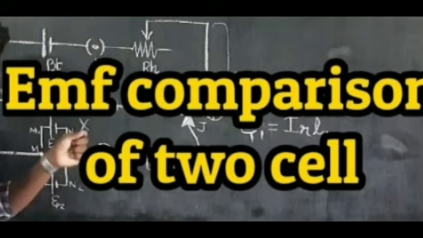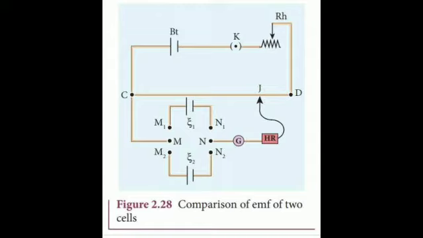The next topic is comparison of EMF of two cells with a potentiometer. To compare the EMF of two cells, the circuit connections are made as in the figure. Potentiometer wire CD is connected to a battery BT and a key K in series.